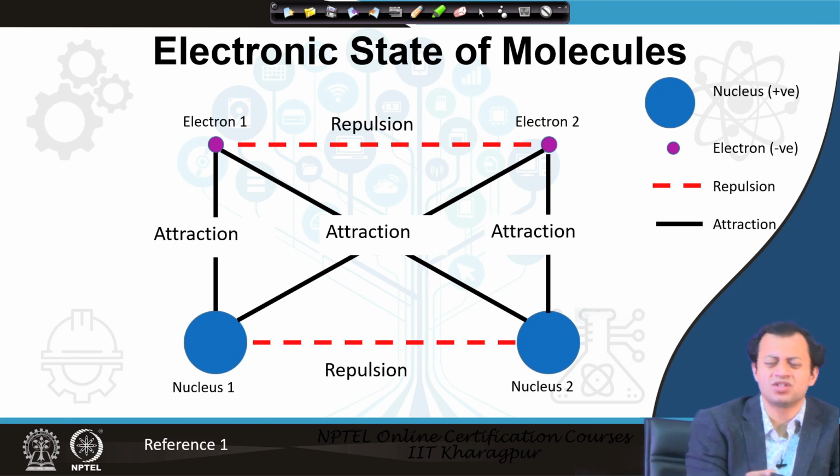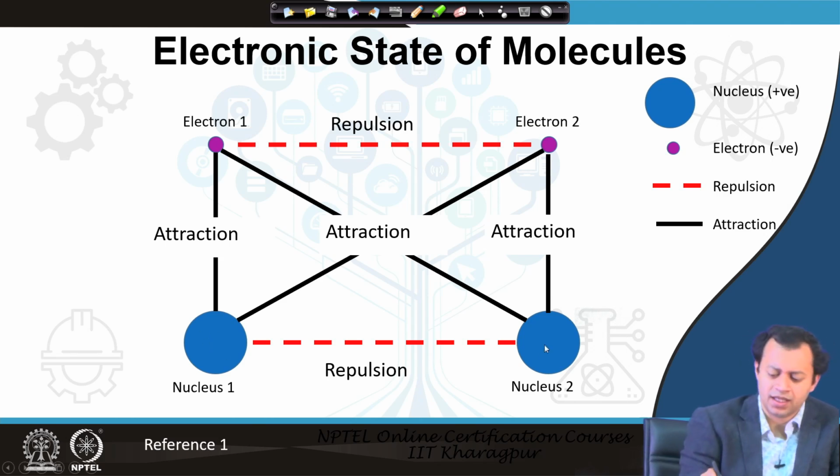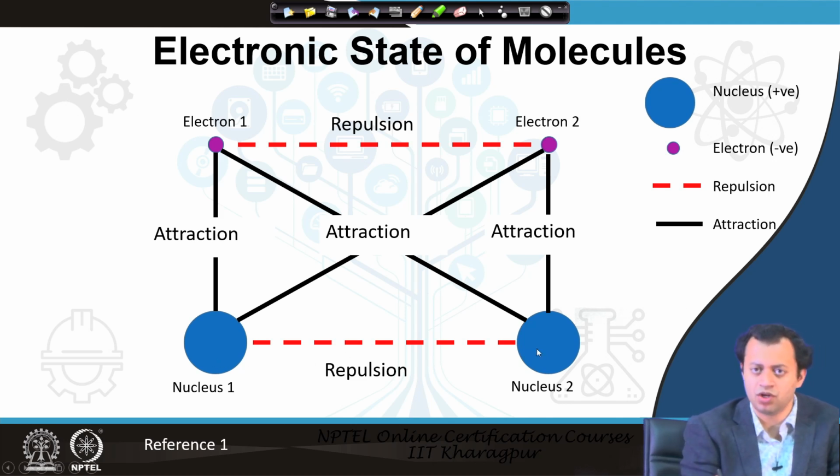For example, let us consider the simplest example. This is the nucleus of hydrogen with one electron. This is the nucleus of hydrogen with another electron. So, two hydrogen atoms have come together. There will be a force of repulsion between the positive nucleus 1 and positive nucleus 2. These two nuclei are exactly identical.